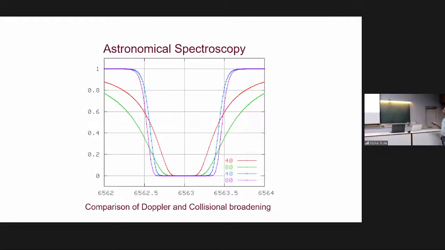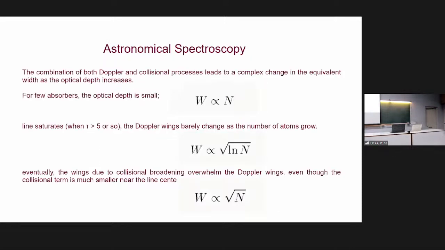This particular effect is Doppler broadening, and when the wings increase at a faster pace, this is collisional broadening. So we can determine it by plotting the optical depth.